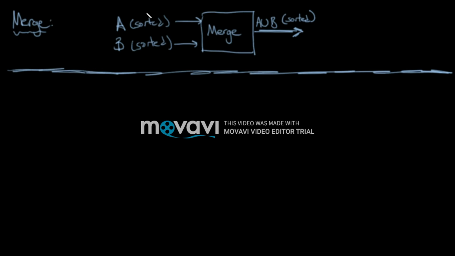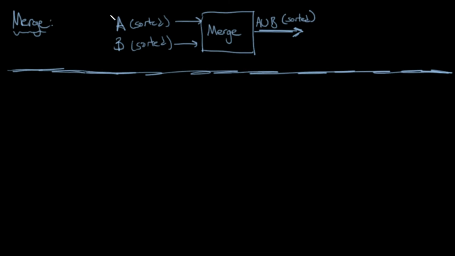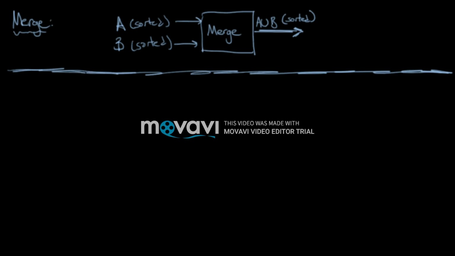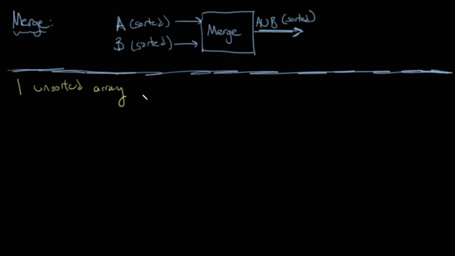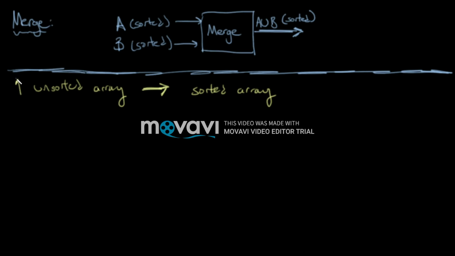To differentiate it from merge, where our input was two sorted arrays, now we're going to consider the problem where we have one unsorted array, and we want to turn that into a sorted array. Somehow we're going to utilize that merge method.